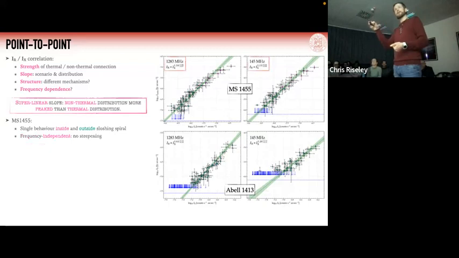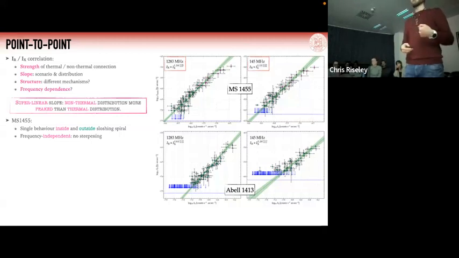For MS-1455, which you're seeing on the top, with MeerKAT and LOFAR, we see, roughly speaking, a single component, even when we're looking at regions that are inside and outside the sloshing spiral, which are traced by the different colors for those of you online. Pink regions are inside the sloshing spiral, where we expect the contribution of turbulence to be greater, and cyan data points are outside the sloshing spiral. We see a single behavior. We don't see any clear deviation from a single component.